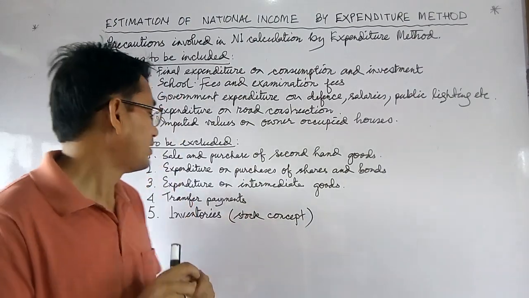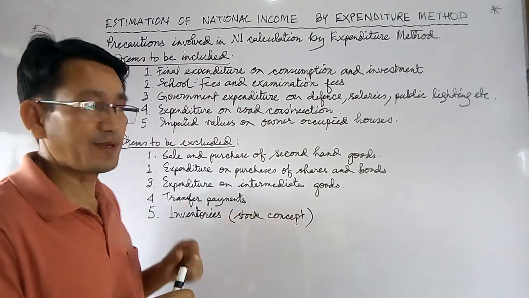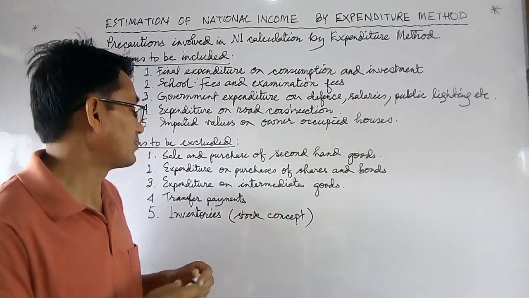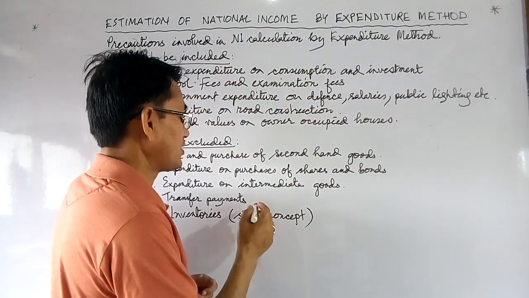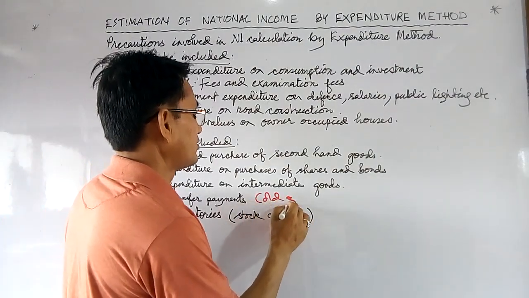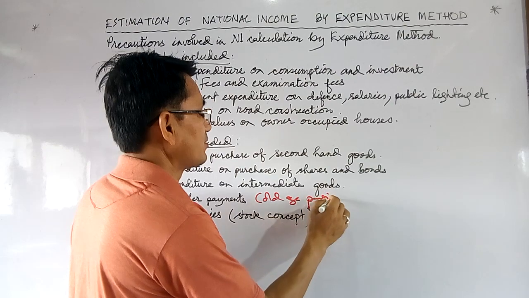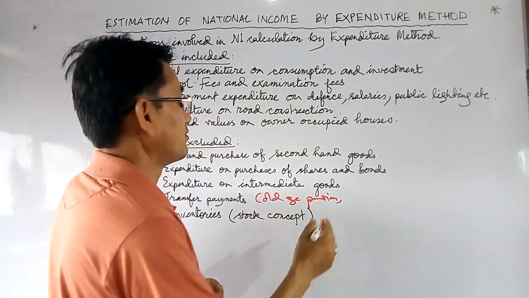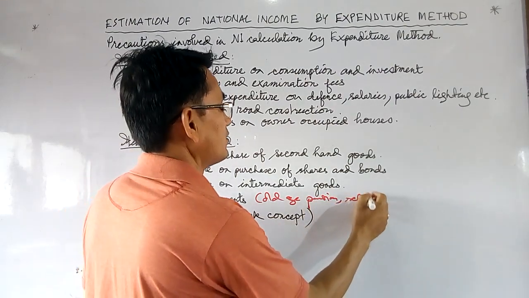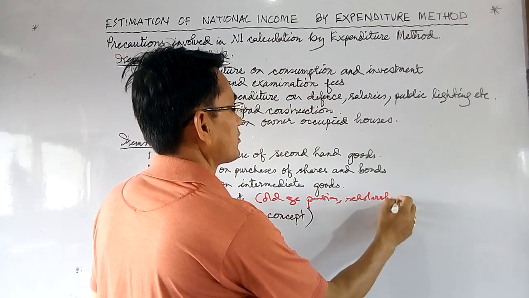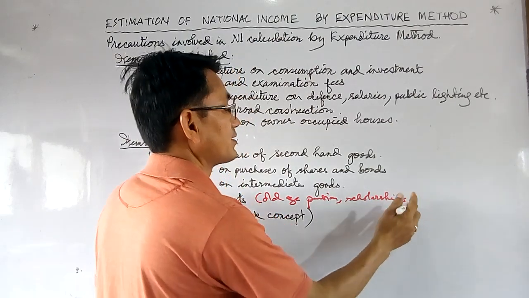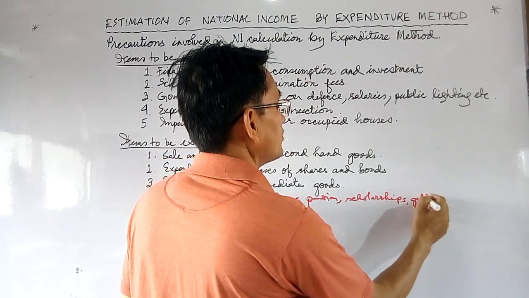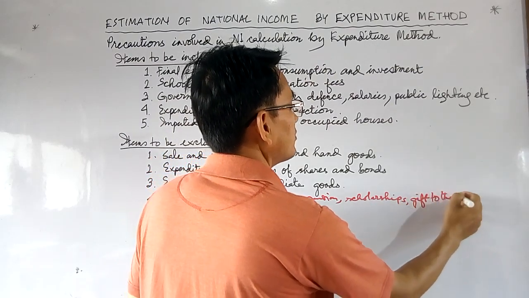Then we have transfer payments. Transfer payments are like old age pension, where the government is spending money, then scholarships, and gifts to the rest of the world.